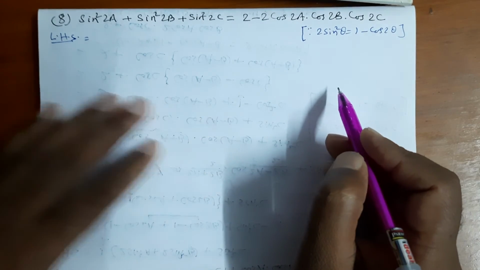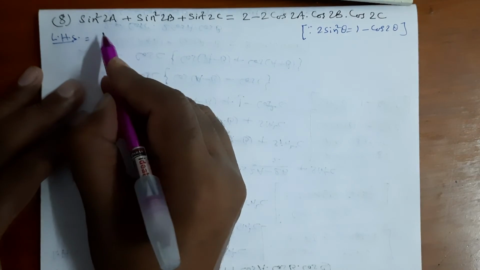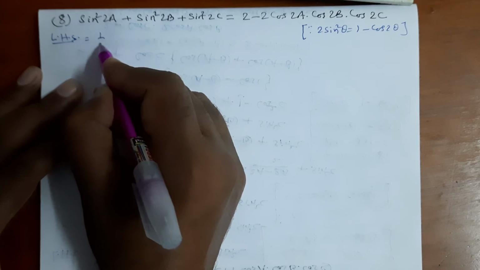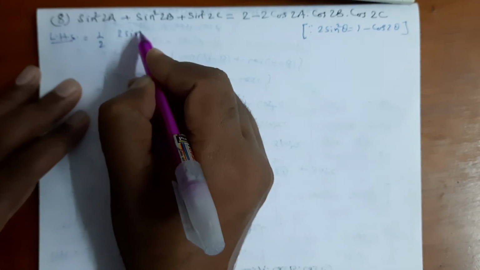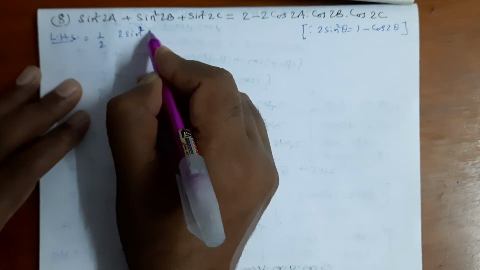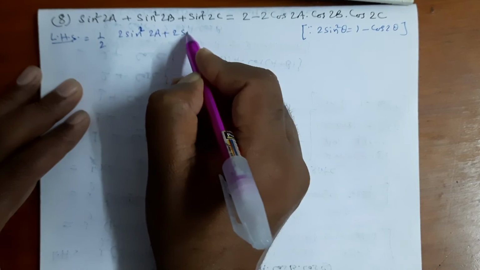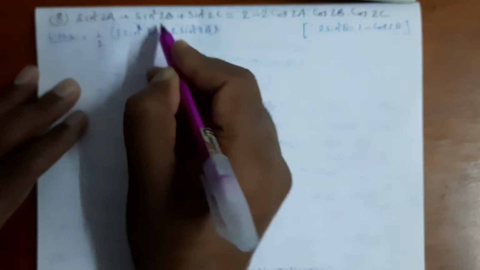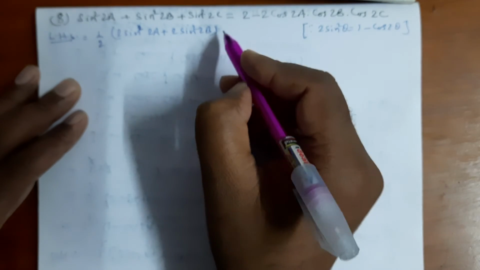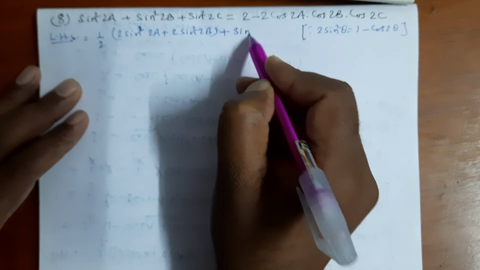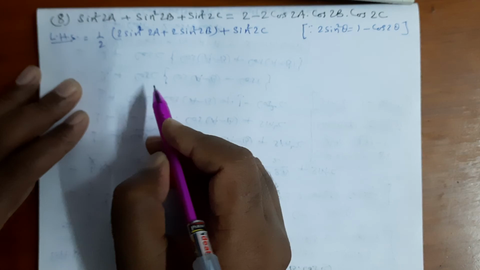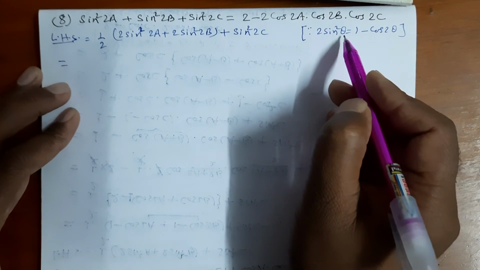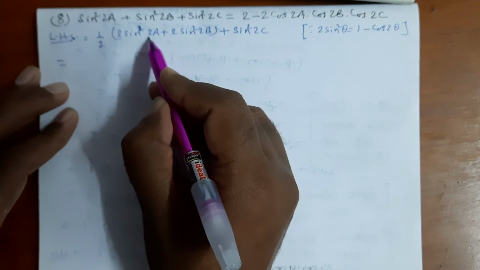To use that formula, we can multiply by 2 and divide by 2. That means we can write 1 over 2 times, sin square 2a plus 2 sin square 2b. Only to these two terms we multiply by 2 and divide by 2, and at last we have sin square 2c.